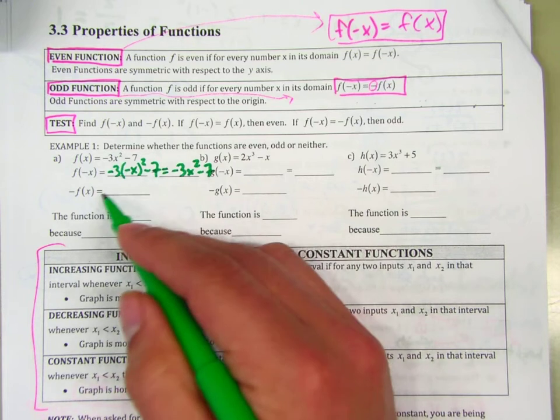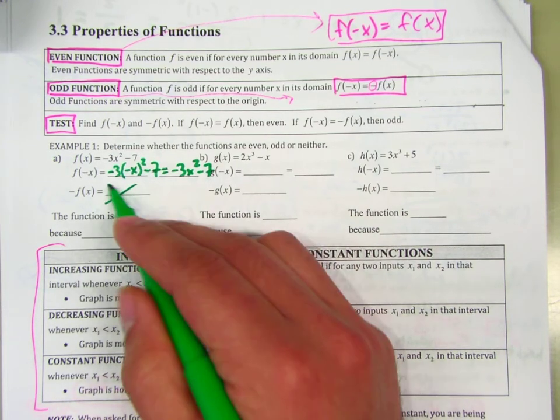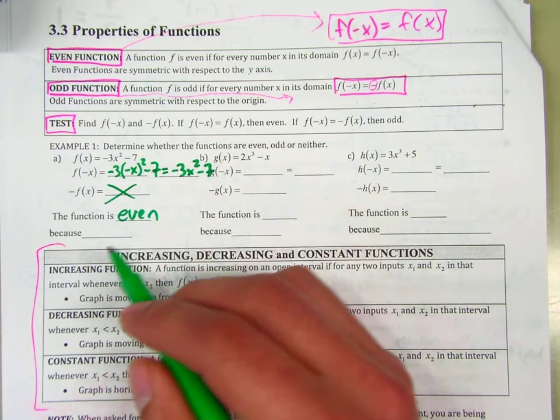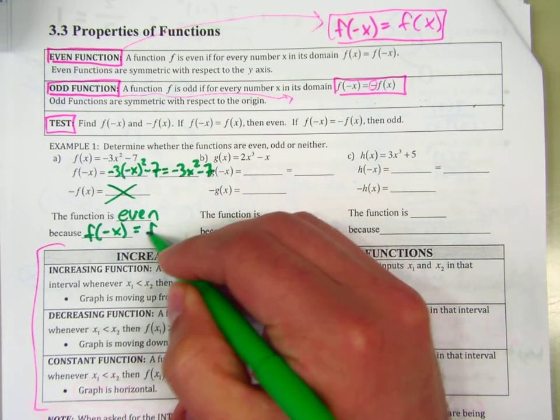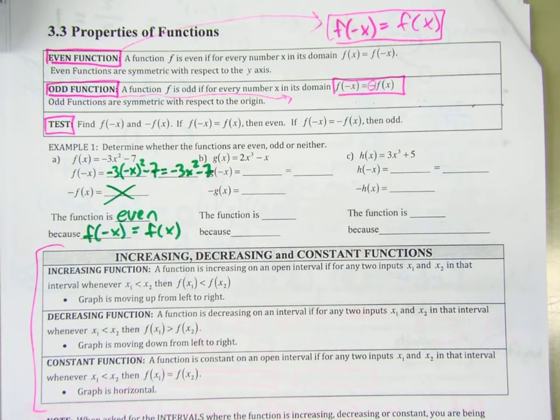And so I'm not even going to bother testing negative f of x. I'm going to say the function is even, and the reason it's even is because f of negative x matches the original function. Does that make sense? Okay. Let's try the next one.